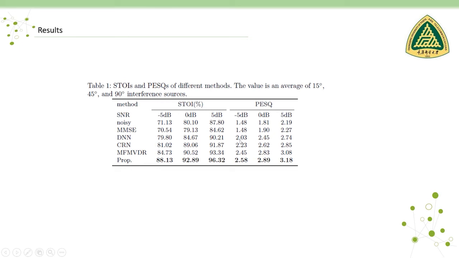Next is the display of the results. We compare each model through PESQ and STOI. Our model is better than other models under different SNR, such as MMSE, DNN, CRN, and MFMVDR.